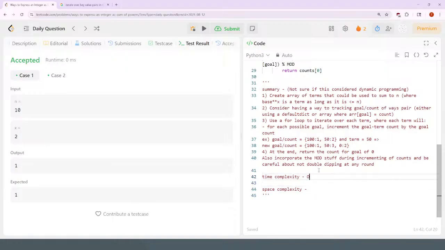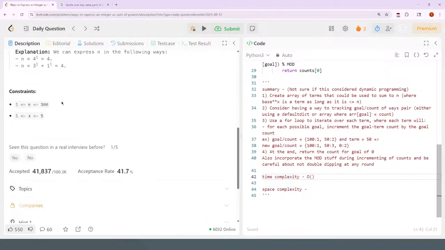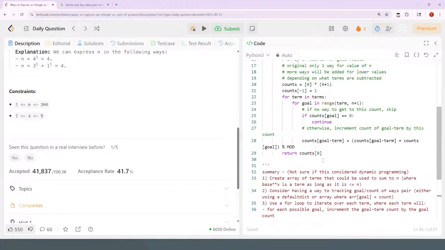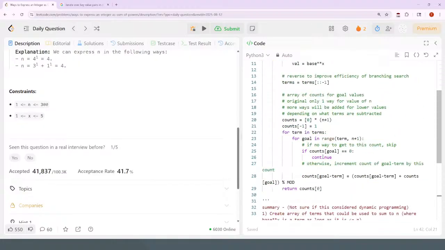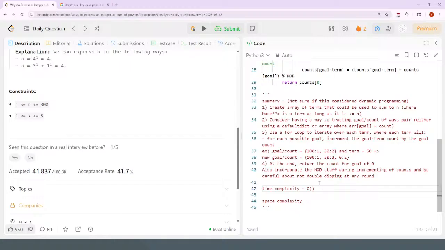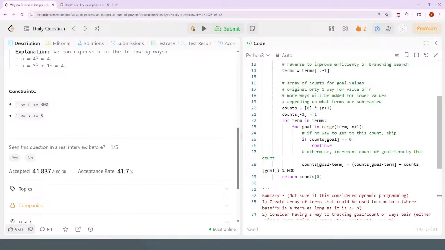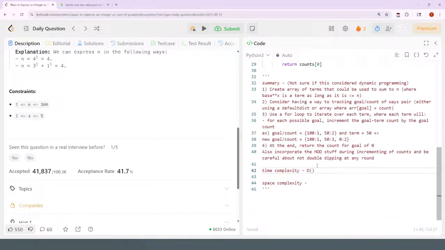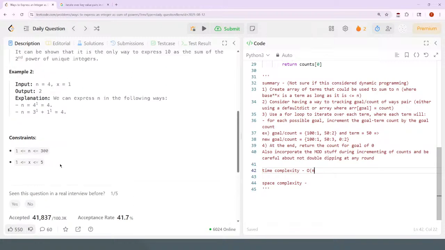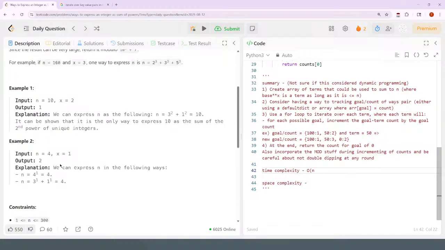Time complexity, what is the time complexity here? The number of terms... I guess this is O of n squared?